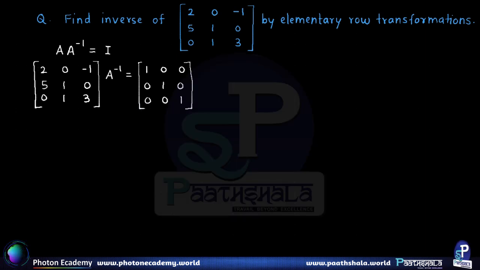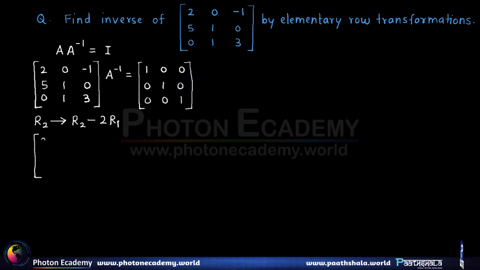Right? So therefore let us apply the transformation that row 2 is changed to row 2 minus twice of row 1. The first row is not going to change, so that will remain unchanged as it is. From the second row we have to subtract twice of the element in the first row.